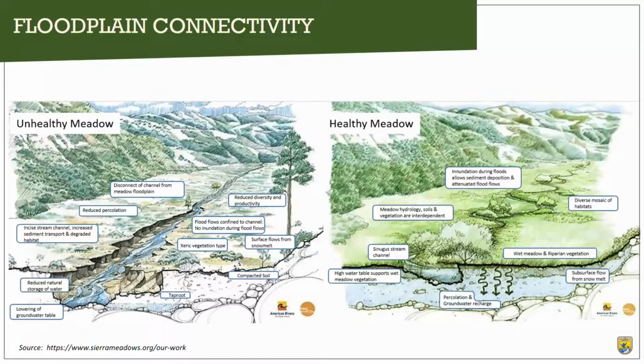I think this is a great little graphic that shows the benefits of connectivity between the channel and the floodplain. We're keeping our floodplain wet and allowing for more biodiversity in the floodplain, both with the vegetation and with the species that are going to be able to live in that area.